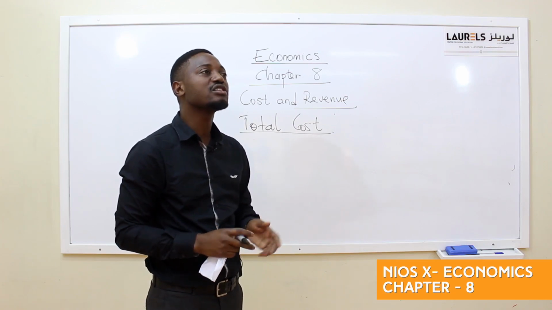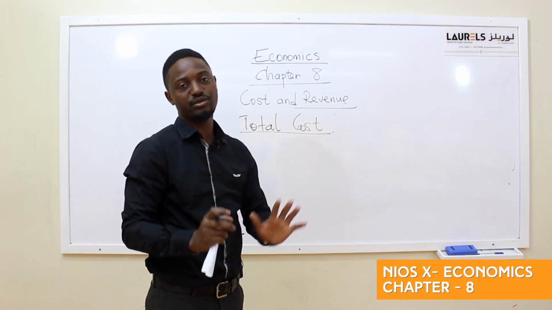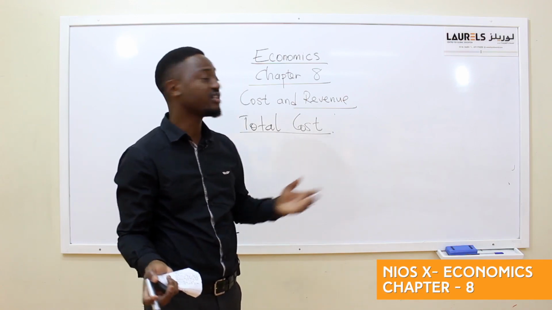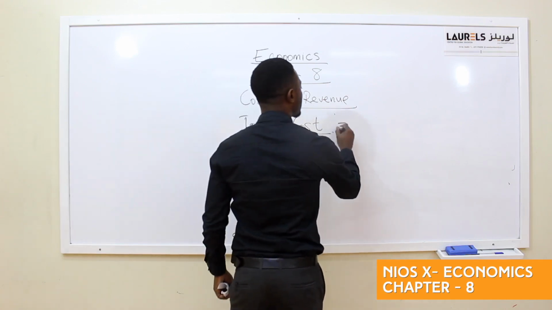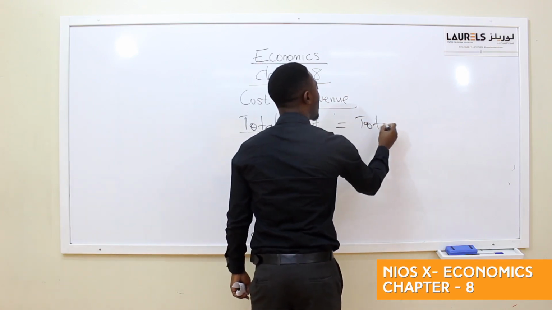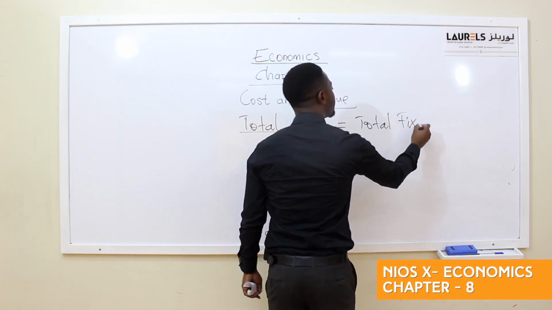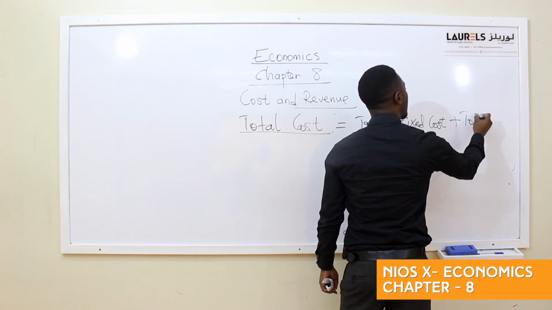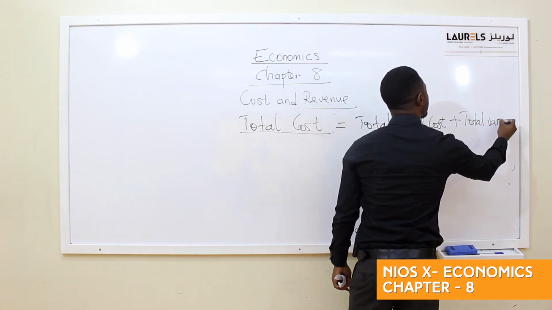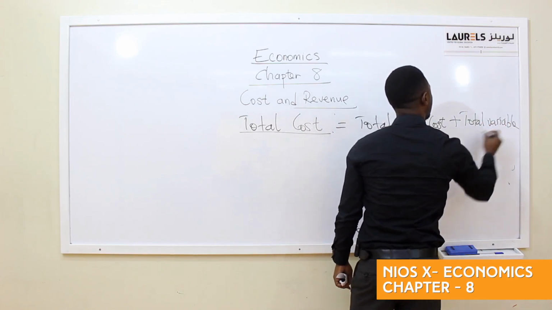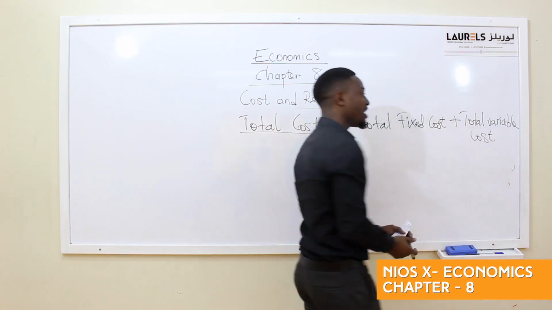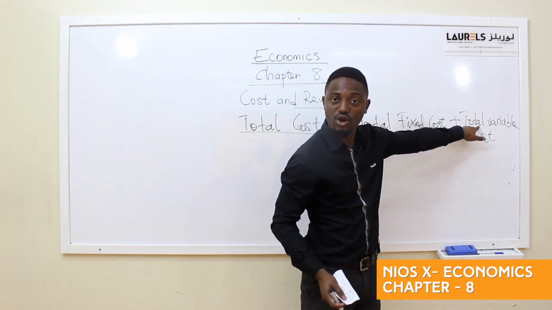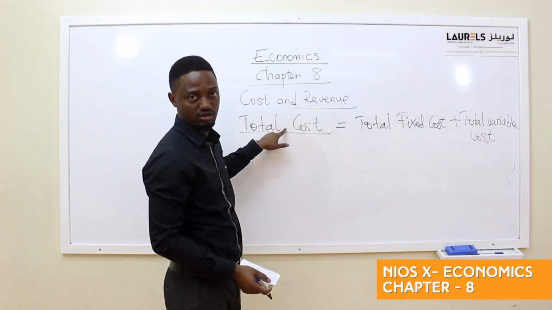Therefore, total cost is the cost of all explicit costs put together, be it fixed cost or variable cost. Therefore, total cost is equal to total fixed cost plus total variable cost. So if we add the fixed cost to the variable cost, we will have the total cost.